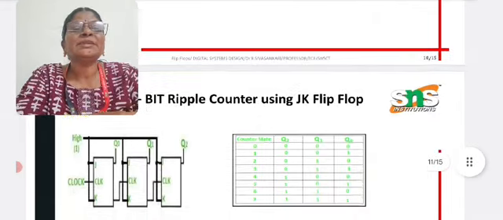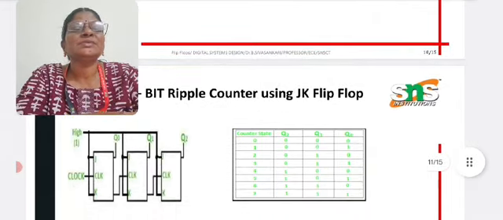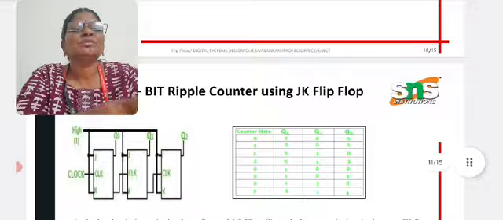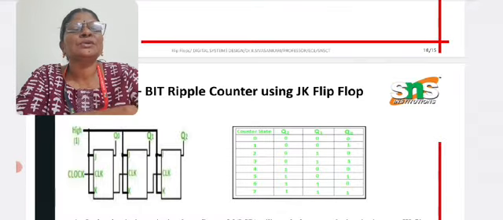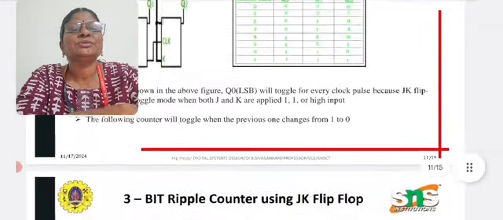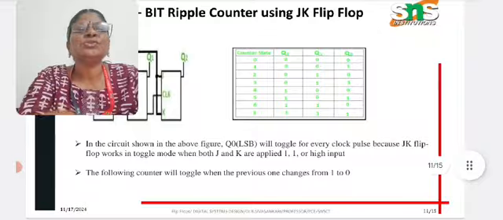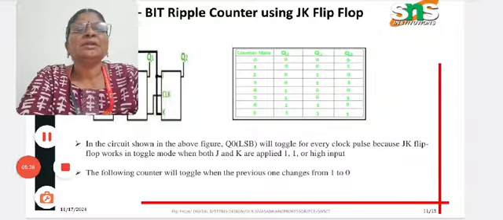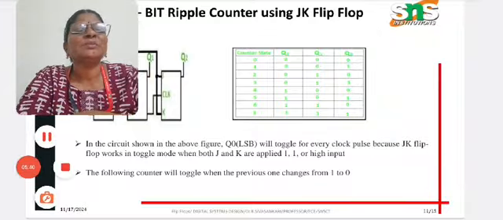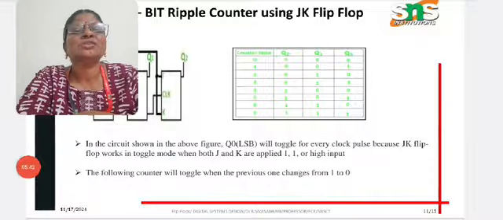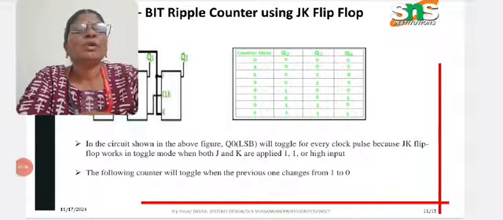This is the block diagram of a 3-bit ripple counter using JK flip-flops. Your counter counts from 0 to 7, with outputs Q0, Q1 and Q2. In the circuit shown in the figure, the LSB will toggle for each clock pulse, because a JK flip-flop works in toggle mode when both J and K are applied 1, or high.